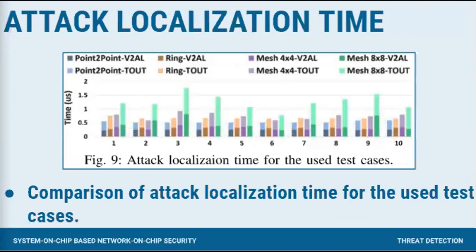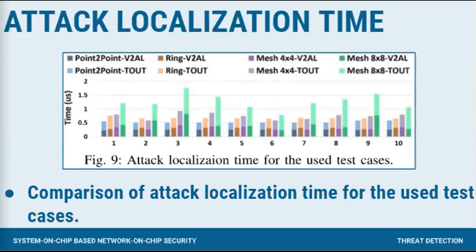This is a diagram which shows a comparison of the attack localization time in different test cases. If we are detecting denial of service attacks, there are plenty of different application mappings running in the system on chips.